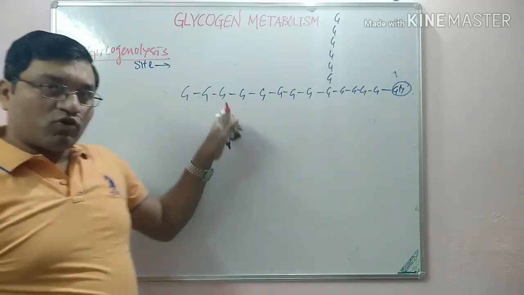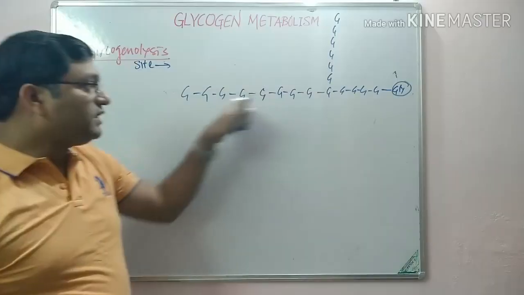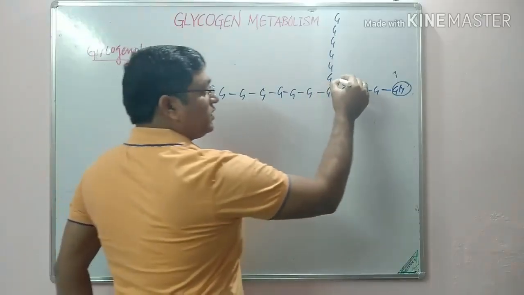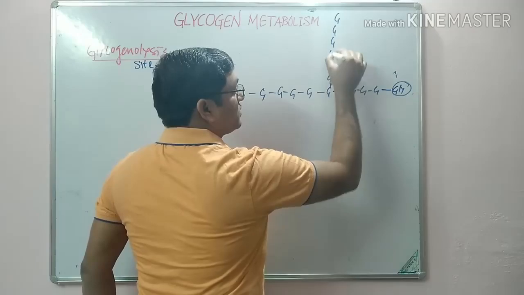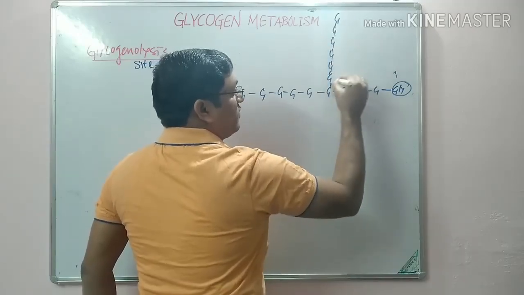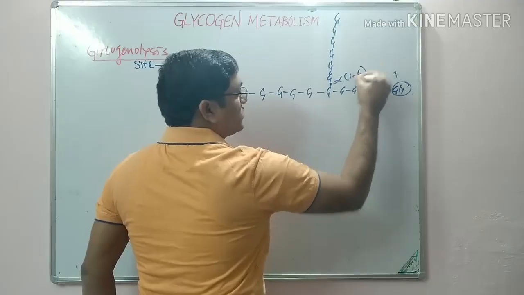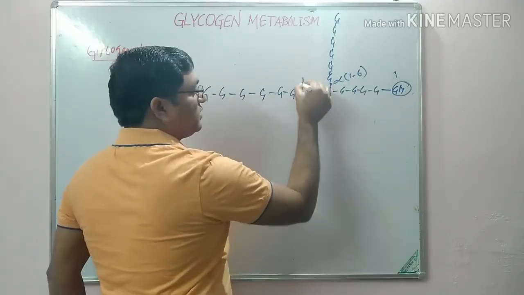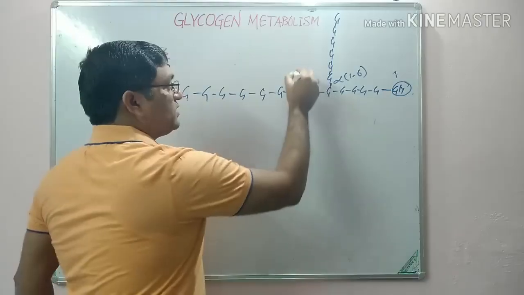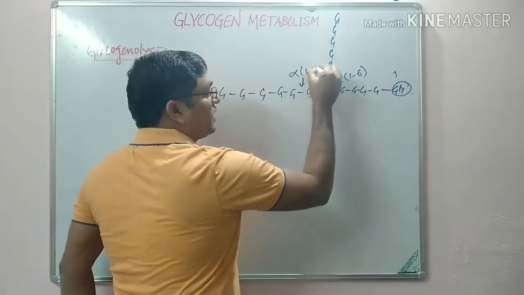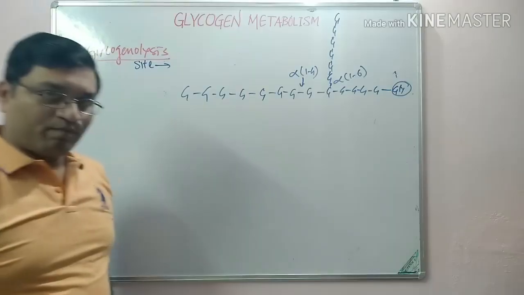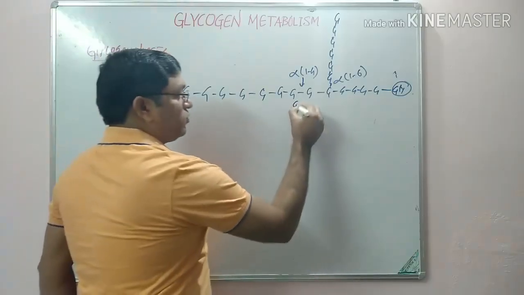These are the glucose molecules attached. This is the linear chain. This is the branch point. The linkage here is alpha 1,6 glycosidic linkage, and in all the linear chain it is alpha 1,4 glycosidic linkage. This is a glycogen molecule.